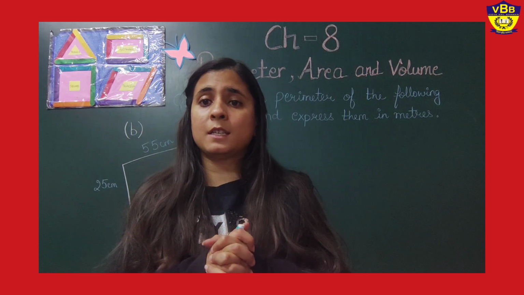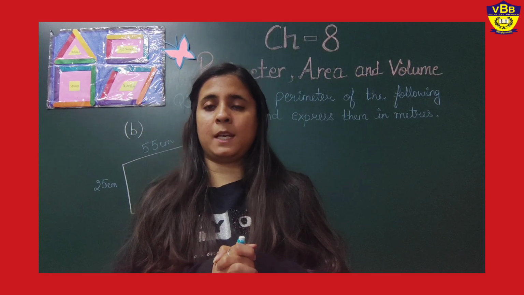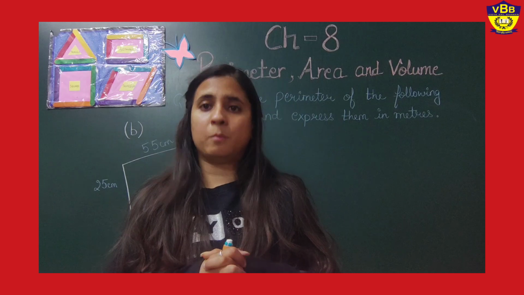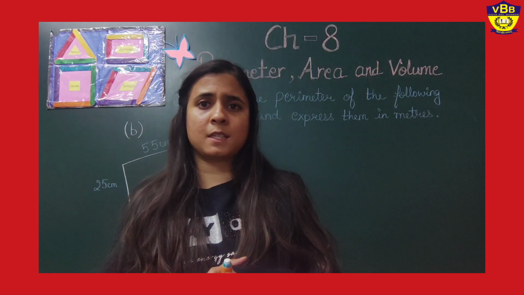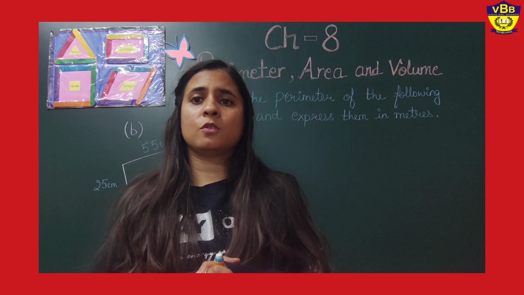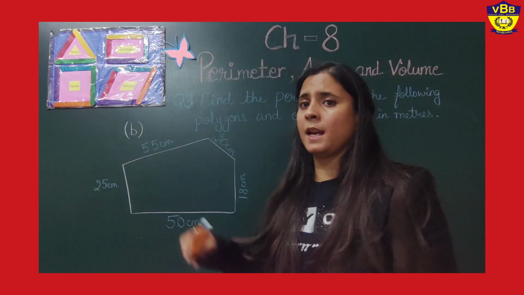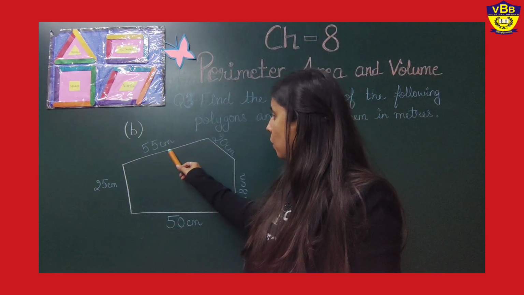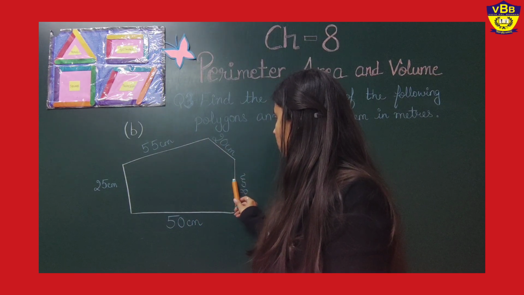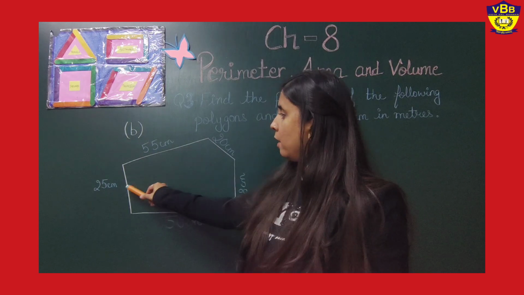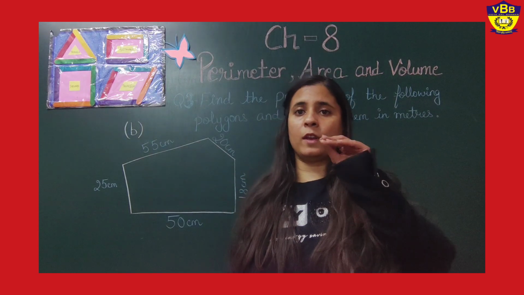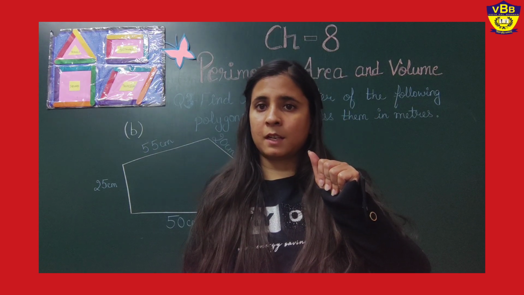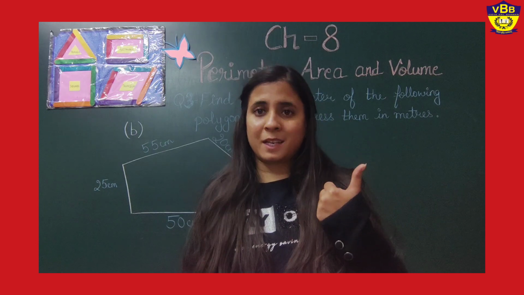Now polygon is a closed shape made up of 3 or more line segments. We discussed this in our previous chapter. So here let us see how many line segments the polygon has. 1, 2, 3, 4, 5. It is a polygon with 5 line segments. That is known as pentagon.